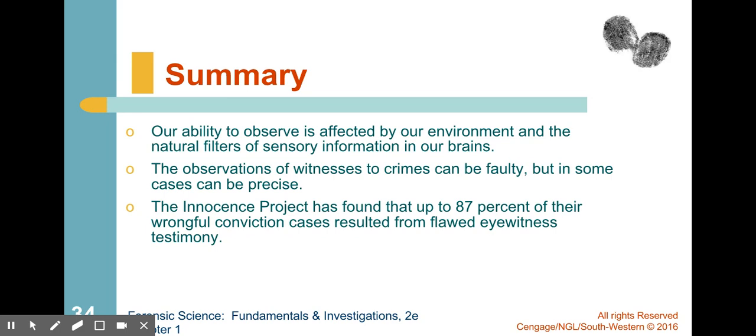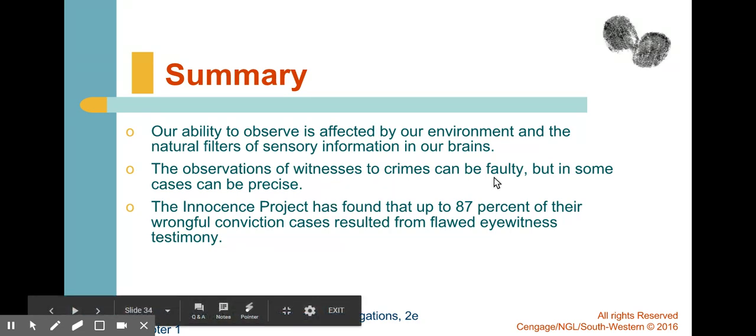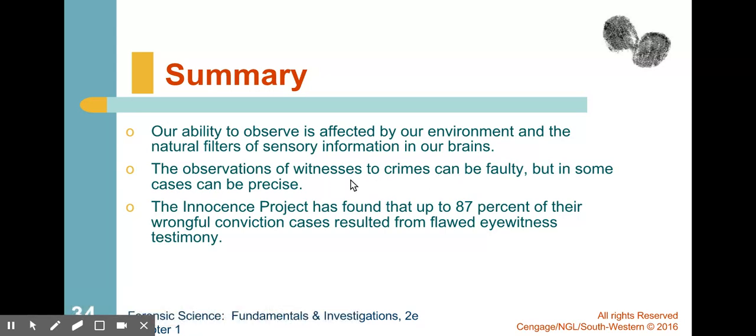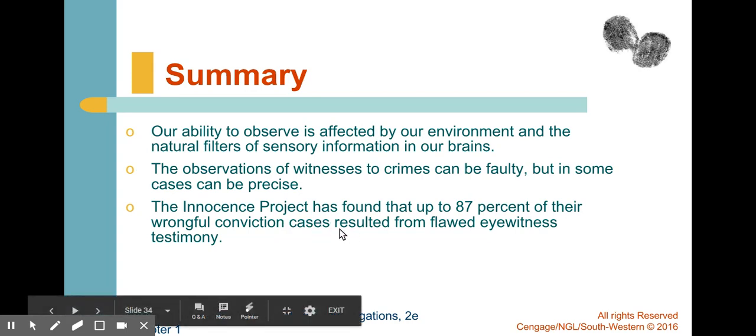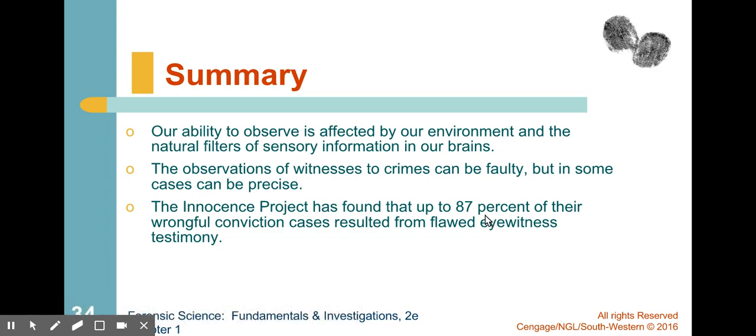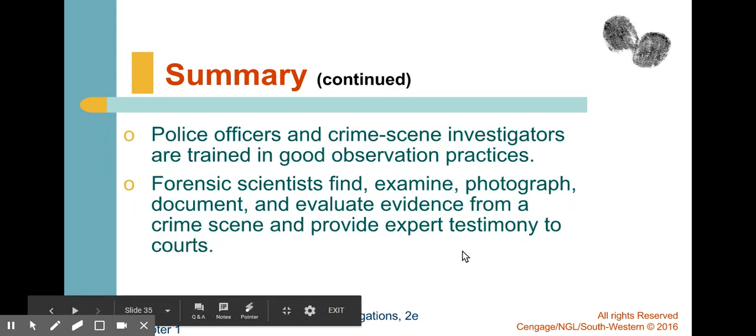So in summary, our ability to observe is affected by our environment and the natural filters of sensory information in our brains. We did learn that observations can be faulty, and that eyewitnesses are not very reliable. We learned about the Innocence Project, which found that 87% of their wrongful conviction cases were from eyewitnesses.